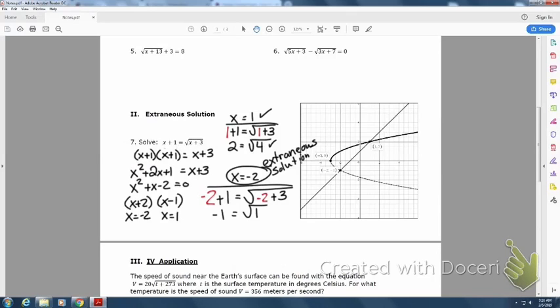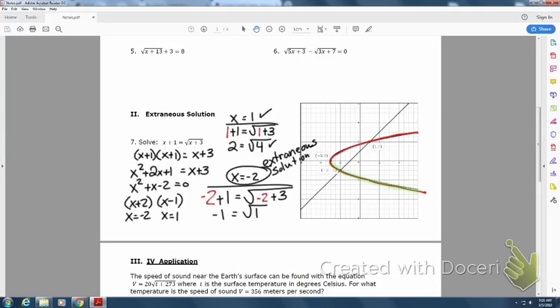Those extraneous solutions, if you think back to 10.3, when we talked about taking the inverse of a quadratic equation and it ended up giving us a horizontal parabola, the extraneous solutions are going to be points on the part of that parabola that we had to get rid of so that it could be a function. That's where those lie.